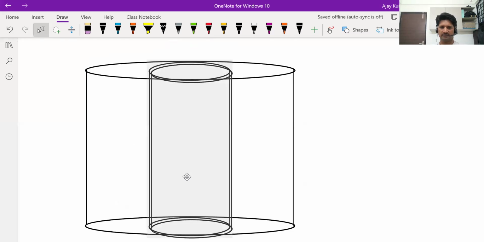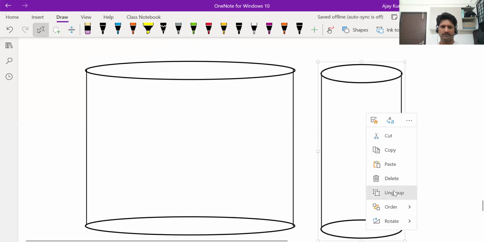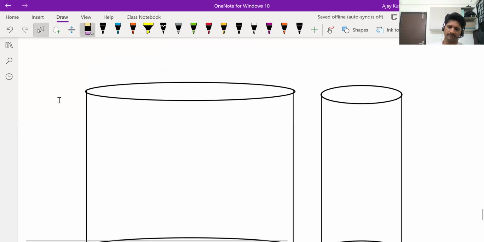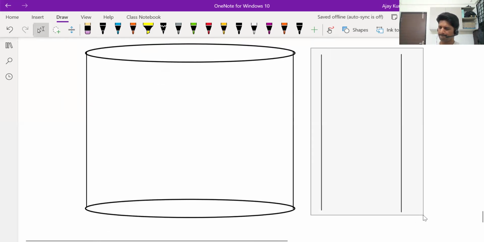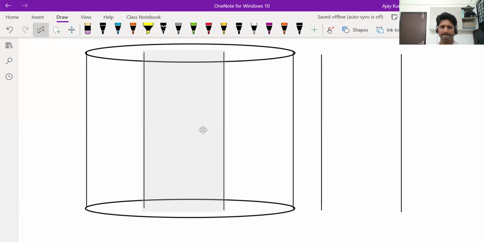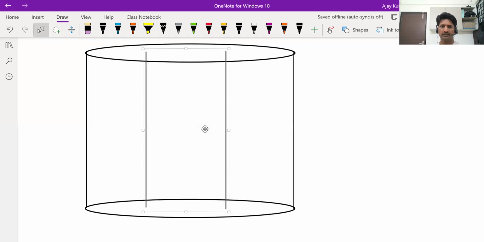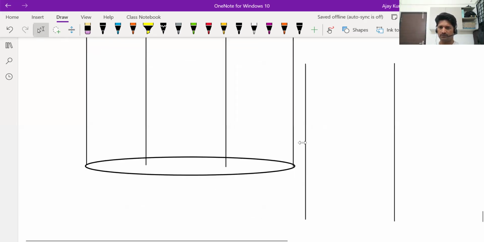Consider something like this now. We need to consider a volume which is at a fixed distance from the z-axis. And that volume is going to look like this.